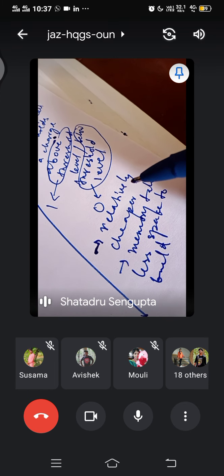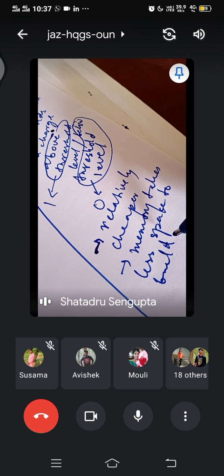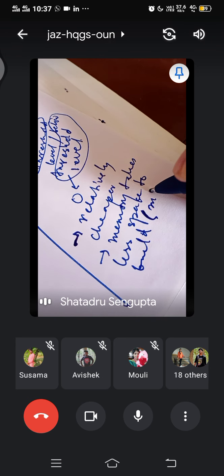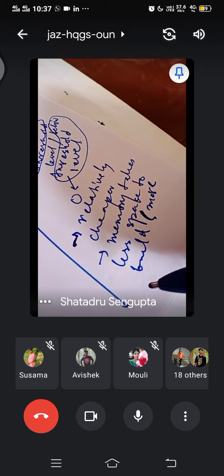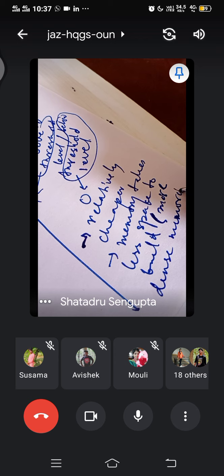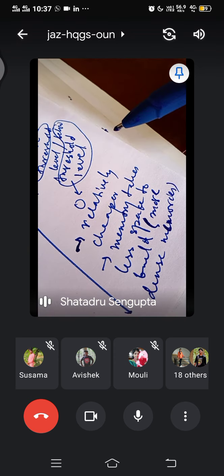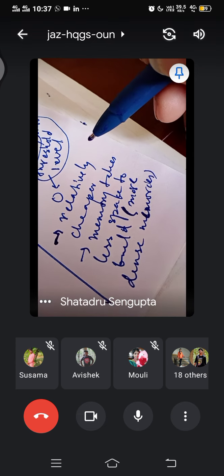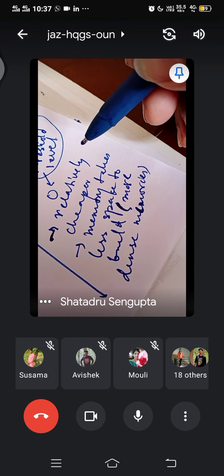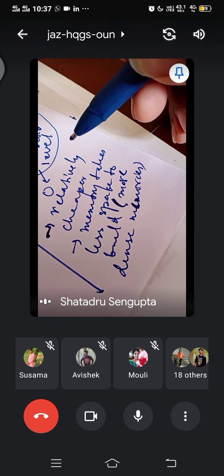The elements are fewer, so it takes less space. But what is important is you can have more dense memories with the DRAM.